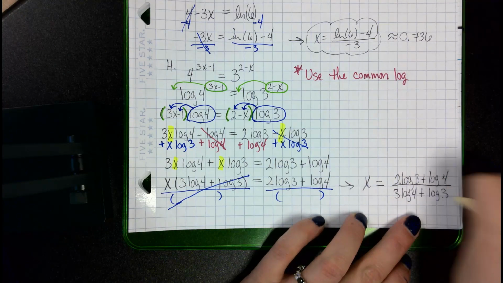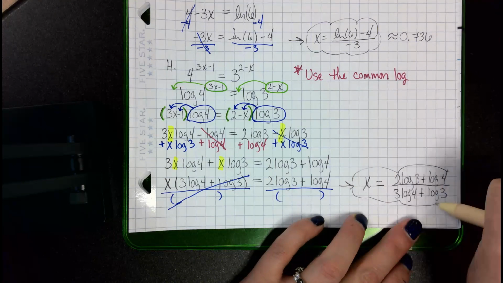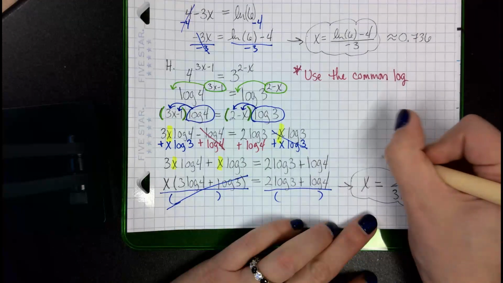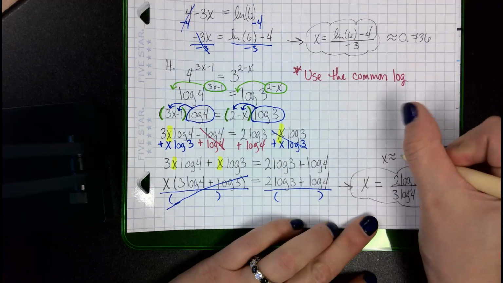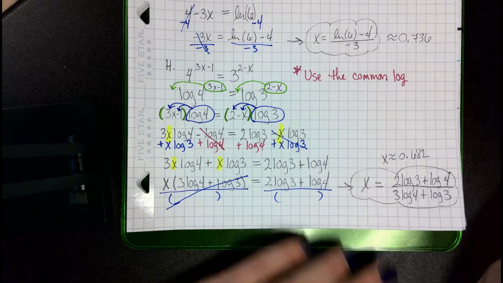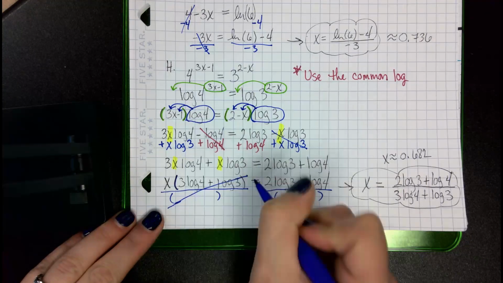And that's the exact answer. If you want the approximate value, x is approximately 0.682. So here, I can group this in blue.